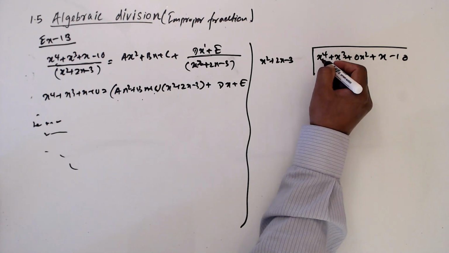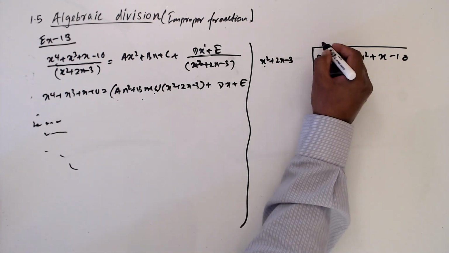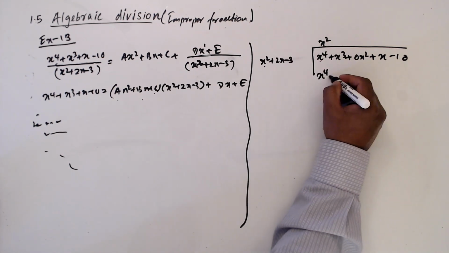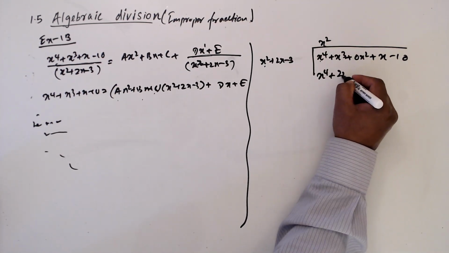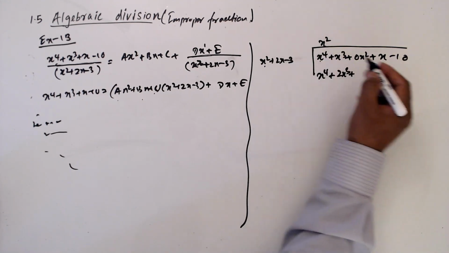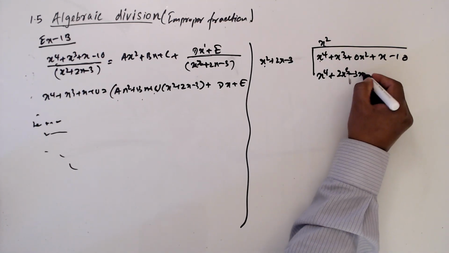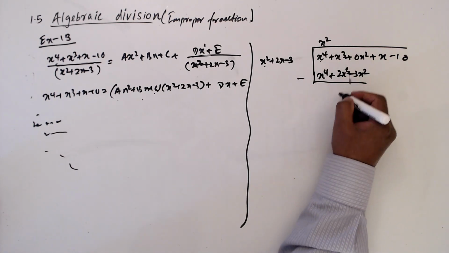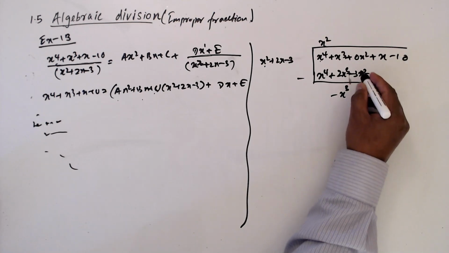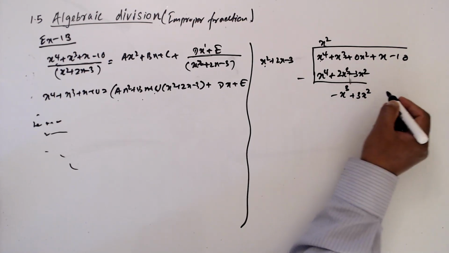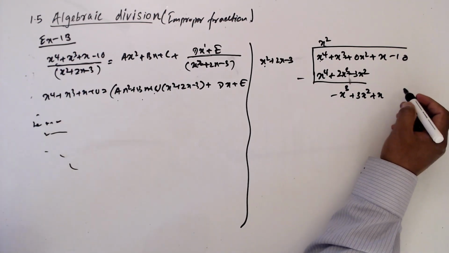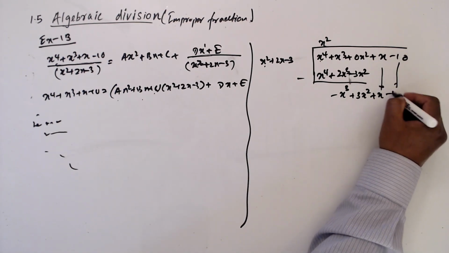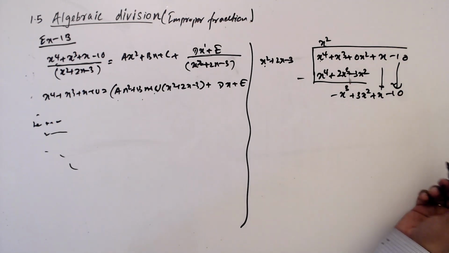I want to make x4, so this has to be x square, then x4 plus 2x cube minus 3x square. Then when you minus this one, this cancels out, minus x cube plus 3x square, then plus x. I'll bring this one down as well to avoid confusion.